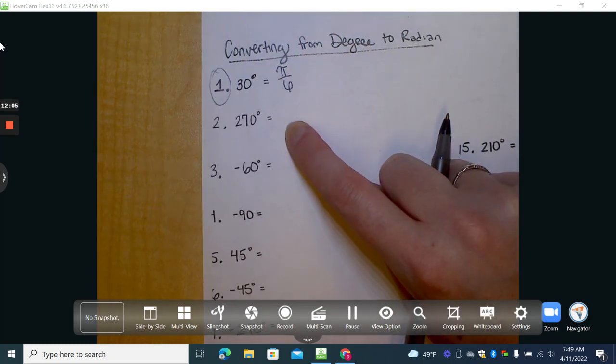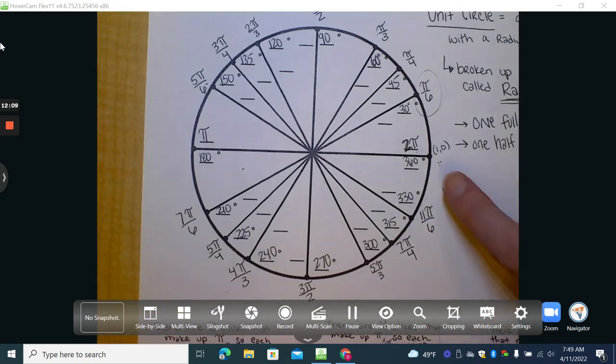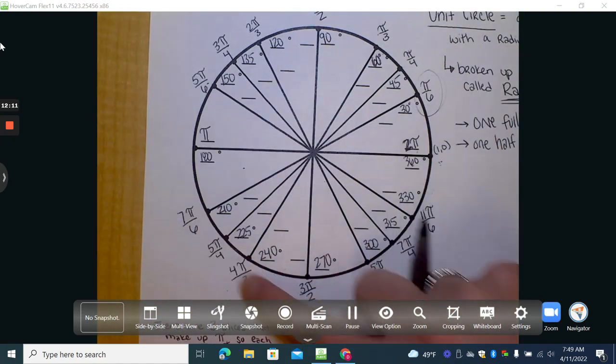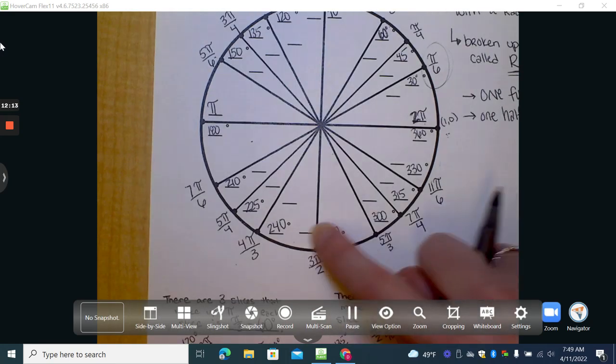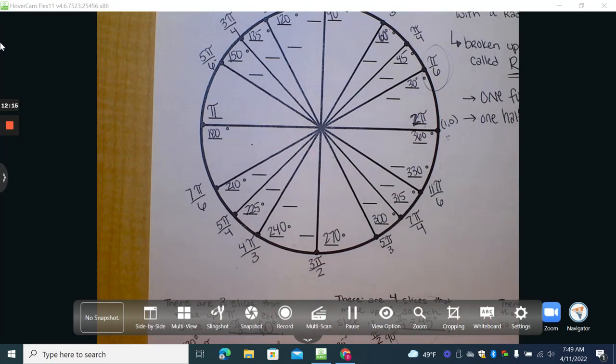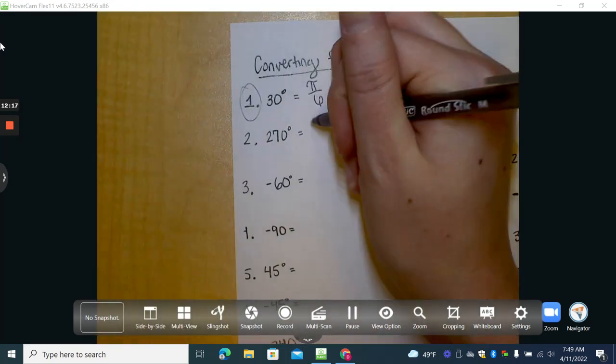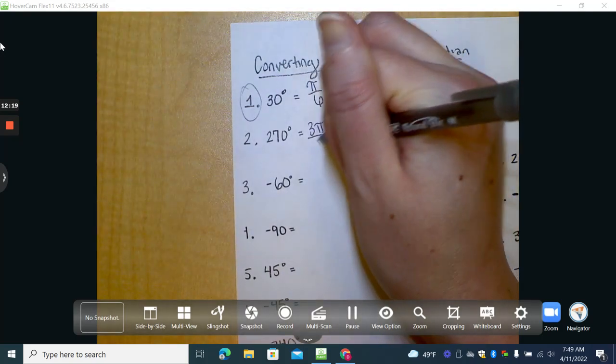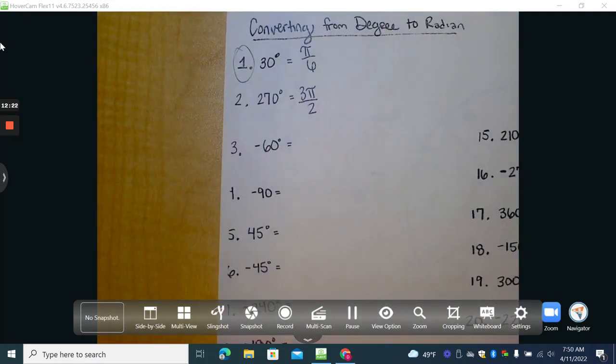What's 270 degrees in radians? I can just go to my unit circle, go around 270 degrees. I'm landing at 3 pi over 2. That is my amount of radians, 3 pi over 2 radians.